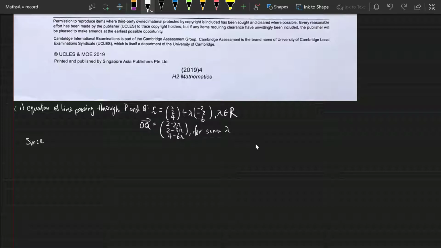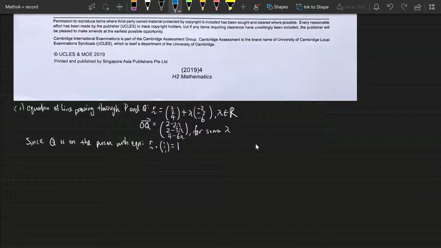So I'm going to say since Q is on the prism with equation r equals, r dot the normal vector, which we are given. Sorry, we're not really given, but you need to know how to convert this.